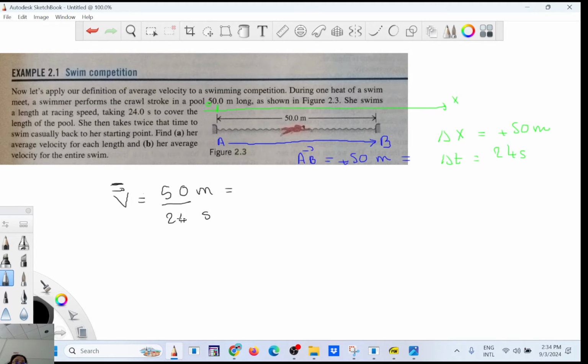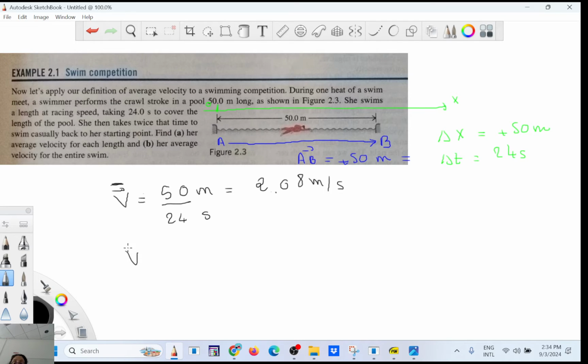Watch the units. So it's going to be about 2.08 meters per second. Okay?